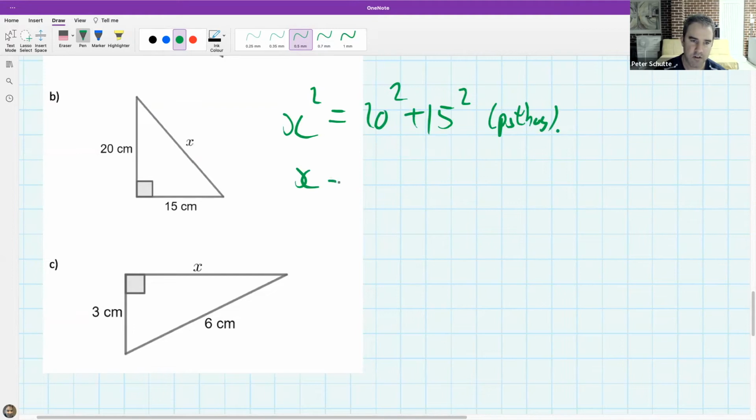So what's this going to be equal to? Okay, so that should be 25 centimeters. What about C?